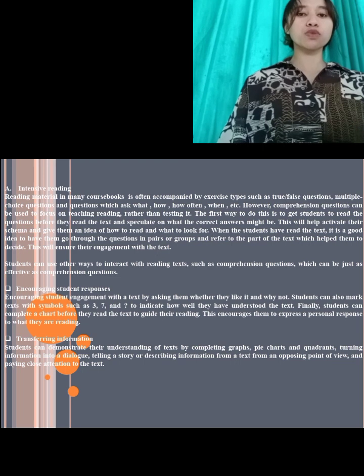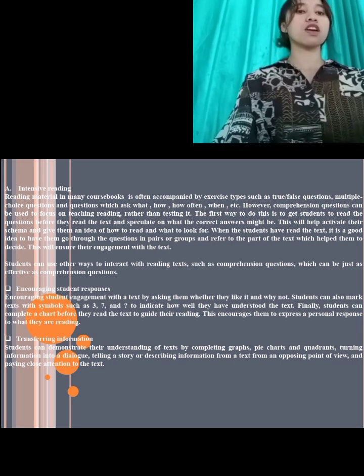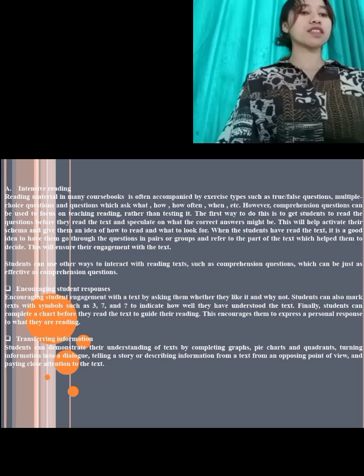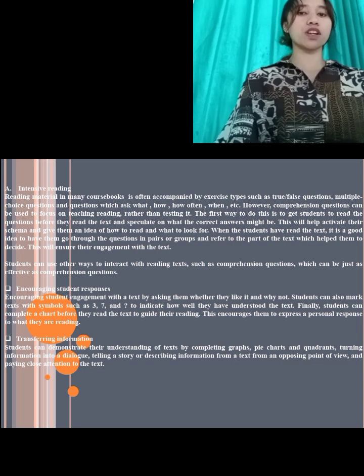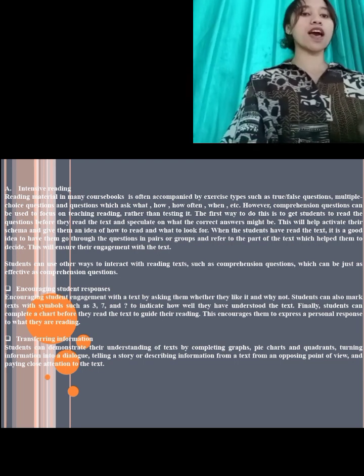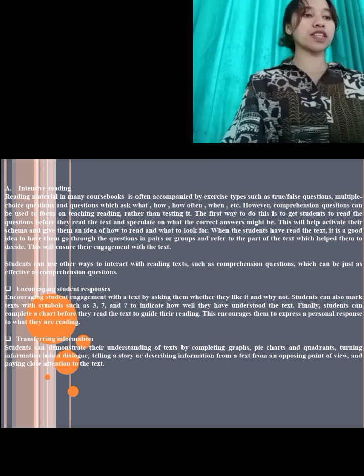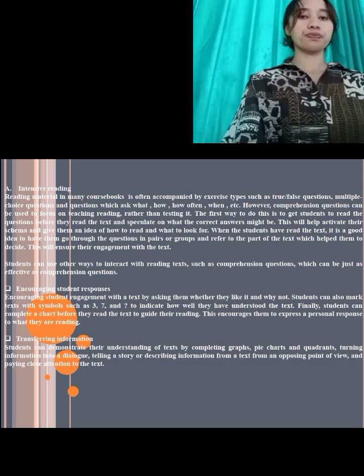The first way to do this is to get the students to read the questions before they read the text and speculate on what the correct answer might be. This will help activate their schema and give them the idea of how to read and what to look for.